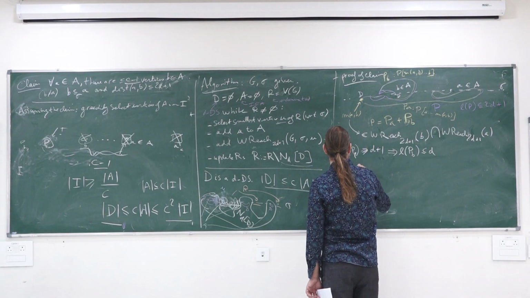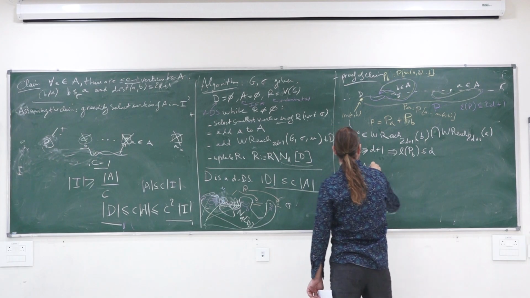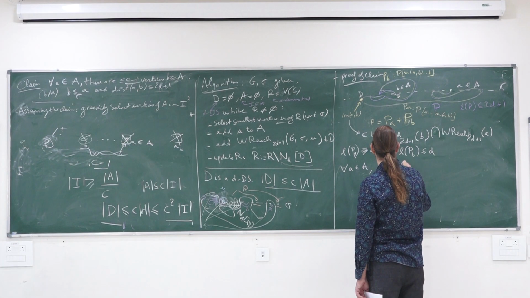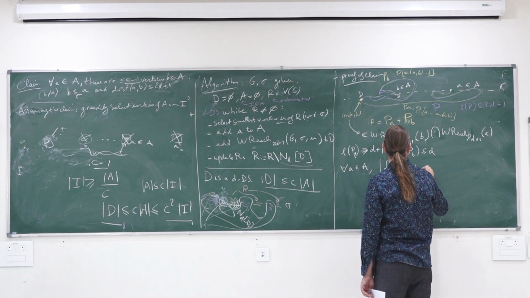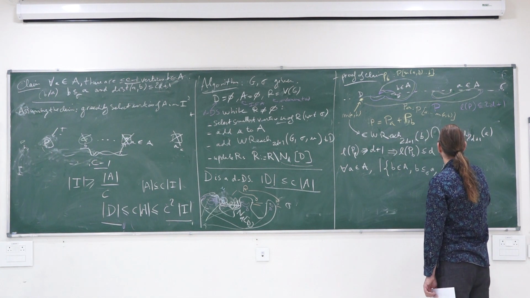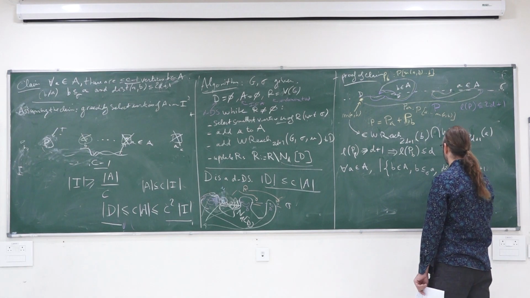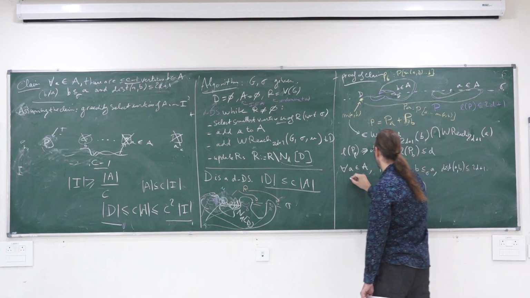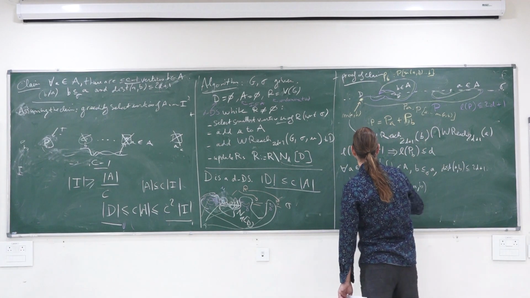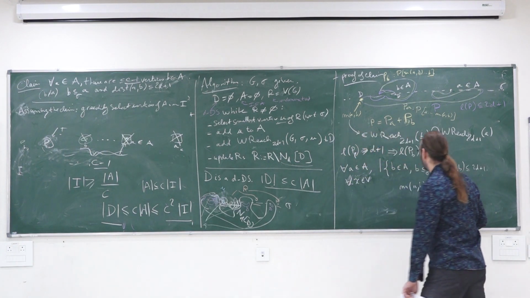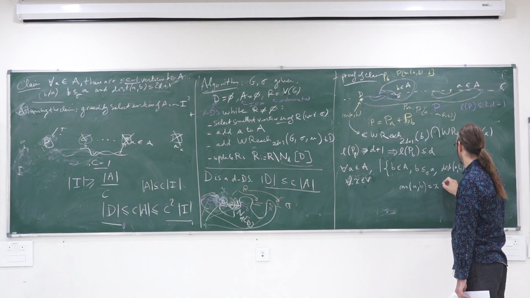For every A, the set of B's such that B is smaller than A, exactly these B's that I defined, and this MAB, for every A, for every X, MAB is equal to X.